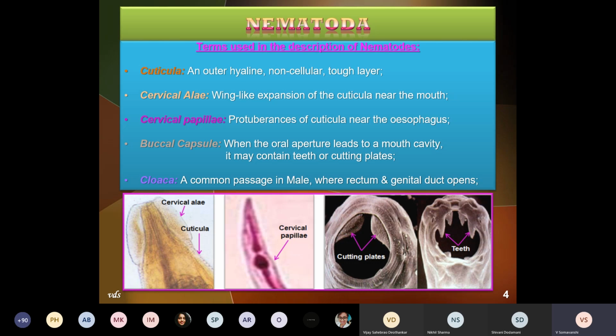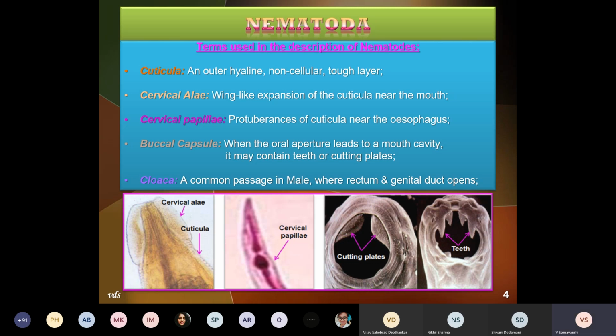First is the cuticula, which is an outer hyaline membrane, a non-cellular layer, which is tough in nature. In the lower left side, a tough layer is seen on the surface of the parasite, which is called cuticula. Second is the cervical alae. This is a wing-like expansion of the cuticula near the mouth in some of the parasites, not all.